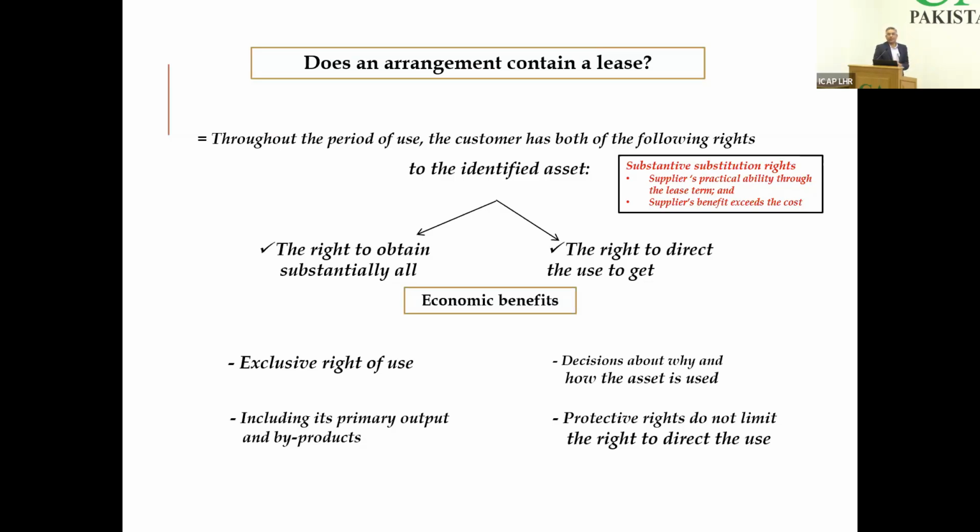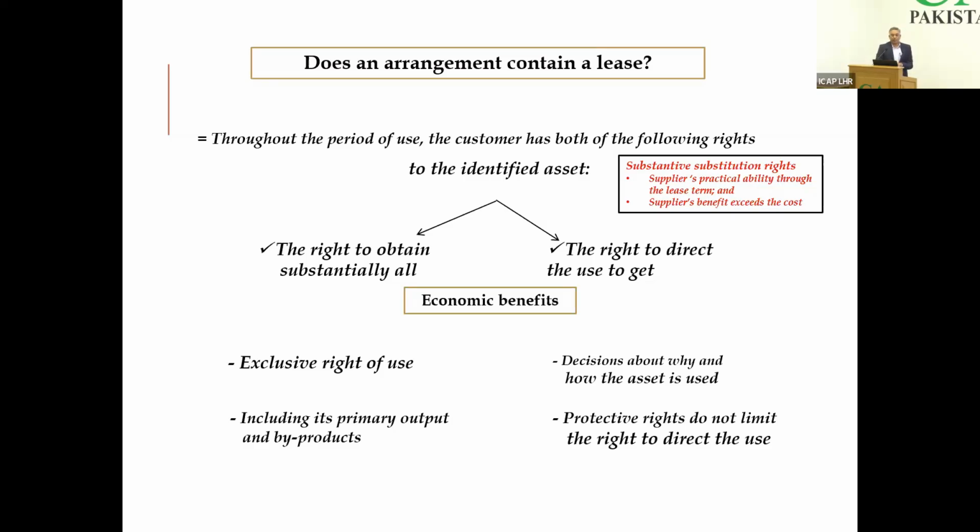So if such a right exists with the railway, and you cannot identify which engine or which carriage will be identified for the lessee, then this contract will not be a lease. Basically, the lessor has a substantive substitution right. So it's very important in identifying the lease contract that you identify what substitution rights rest with the lessor.